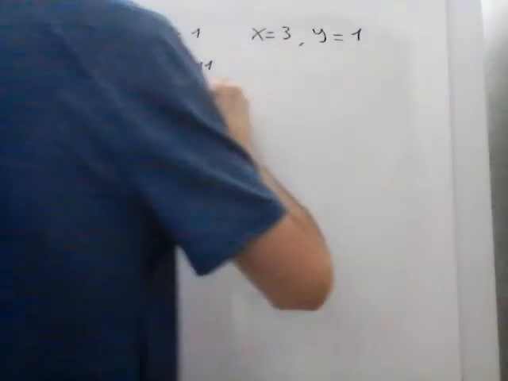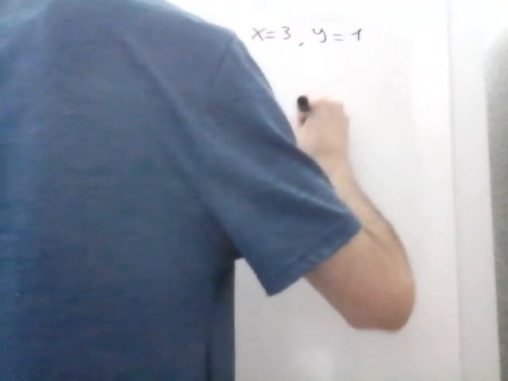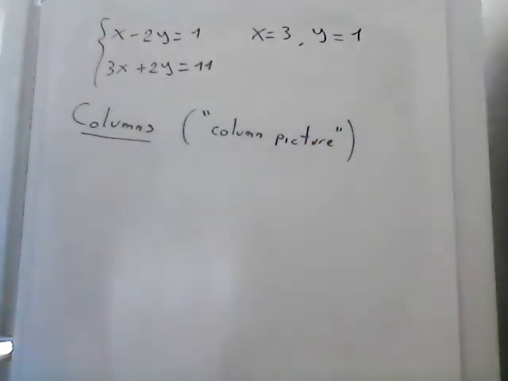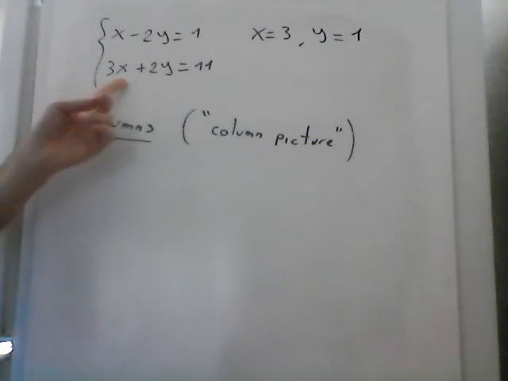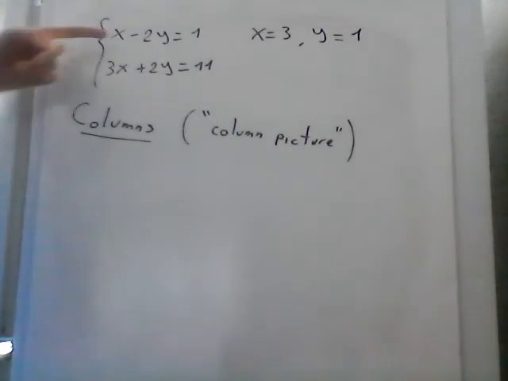And this is called the column picture in the book. Okay, we can think of the variables as scalars and the coefficients of the two equations as column vectors.